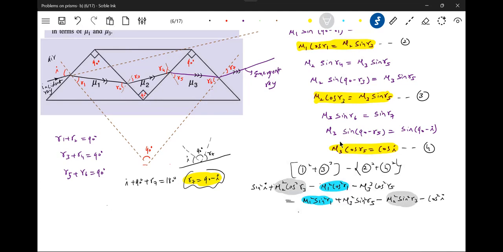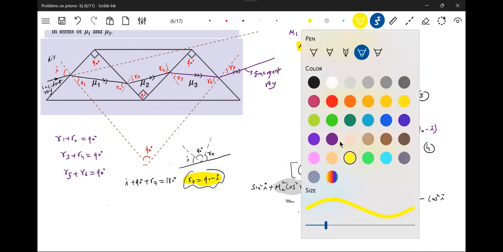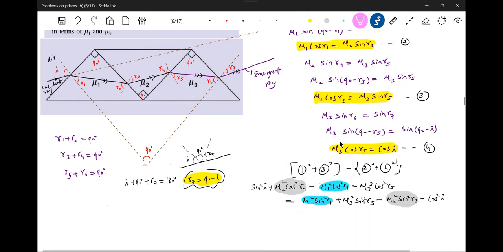One more similarly, similar color, pink color. So therefore this will be sin square I plus cos square I. Mu2 square will be common, cos square R3 plus sin square R3.